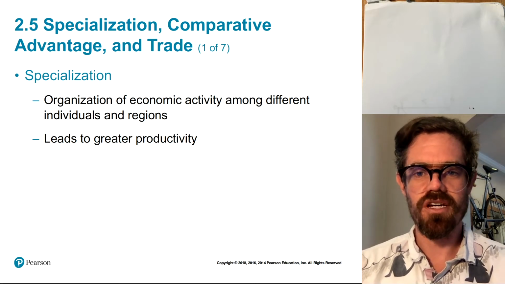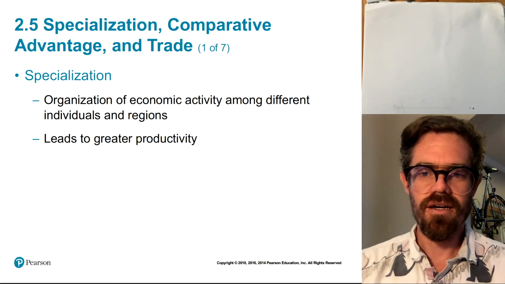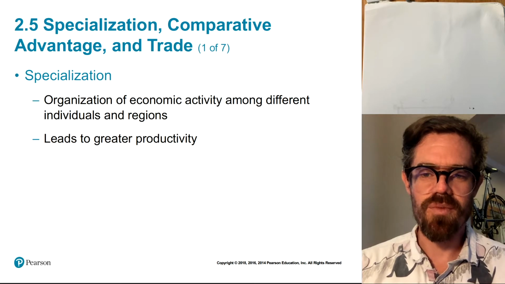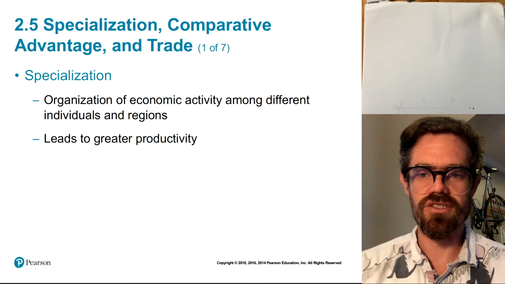So we'll start off this section by defining what specialization means. You might have a good idea of what that means. More than likely, it's not an uncommon word, but let's make sure we understand what we mean it to mean in economics. So for us as economists, specialization is just the organization of economic activity, either among different individuals or different regions.